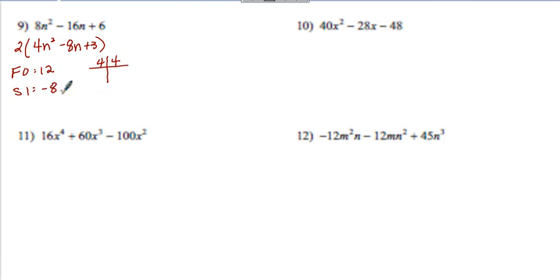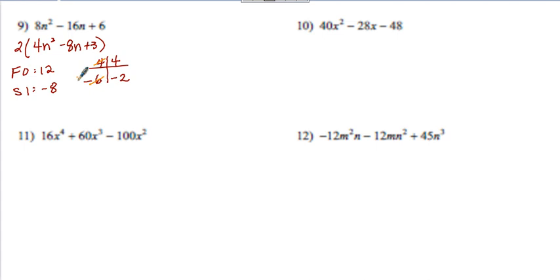Things that multiply to 12 and add to 8, I'm immediately thinking, well, there's got to be some version of 6 and 2. 6 times 2 and 6 plus 2. Well, I need it to add to be negative, so both of these need to be negative. Negative 6 times negative 2 gets me a positive 12. Negative 6 plus negative 2 gives me a negative 8. Both sides can be reduced.